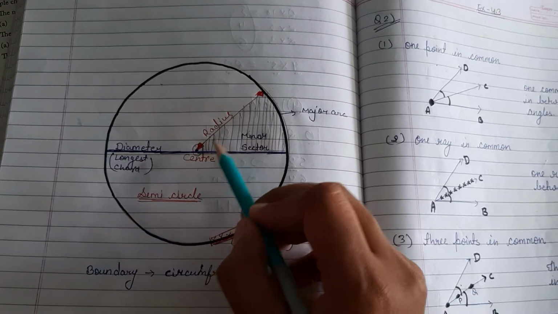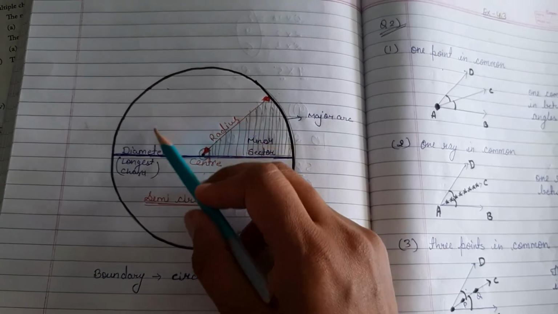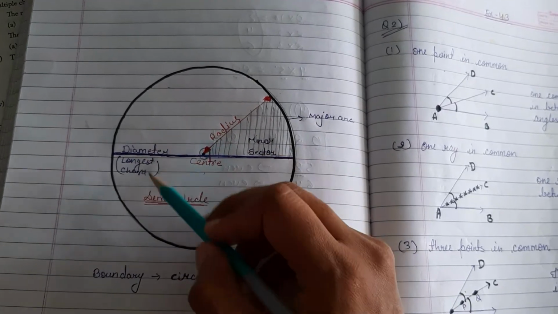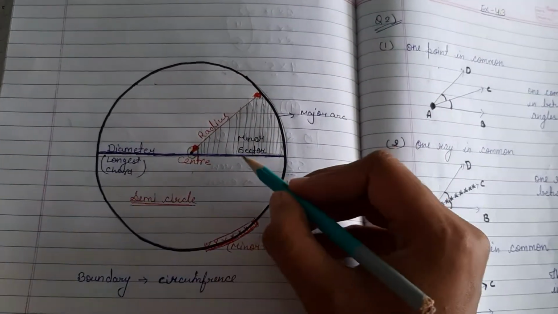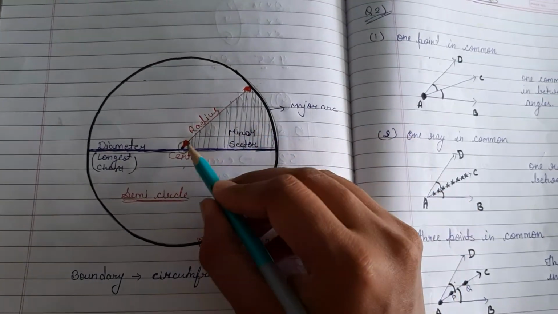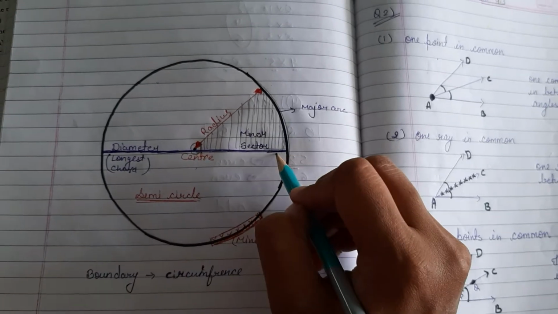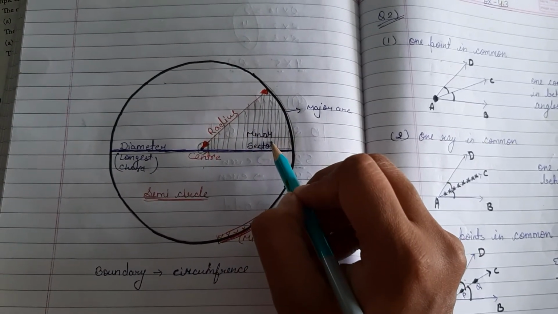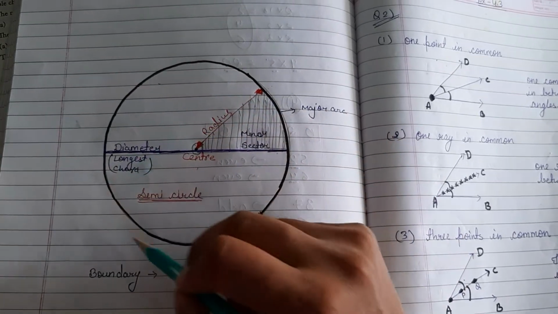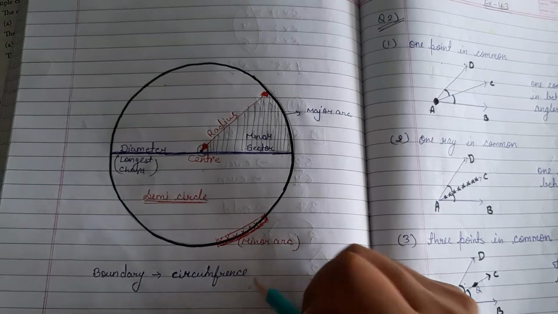And this shaded part is your minor sector. The remaining part is your major sector. This is your minor sector because it is covered by 2 radii. And the complete boundary is called the circumference.